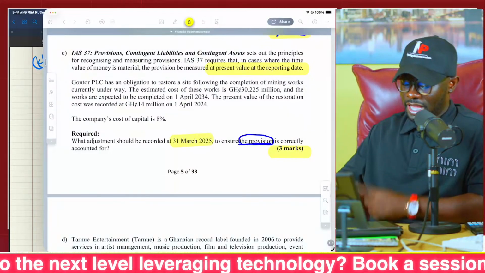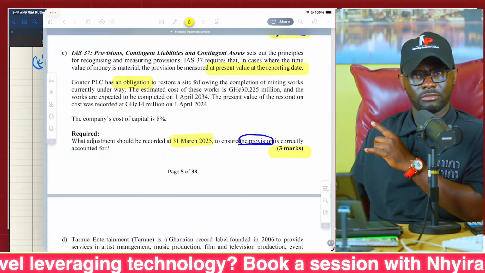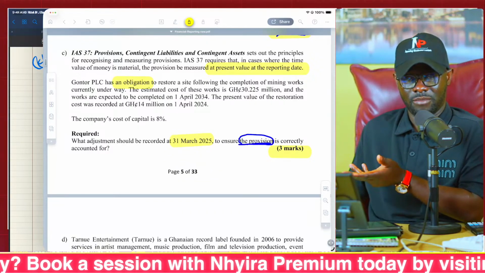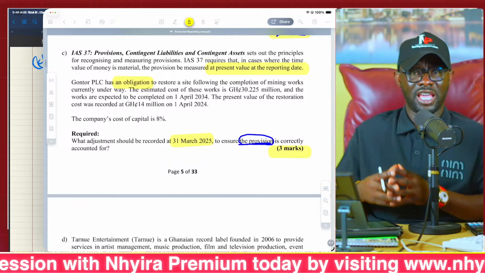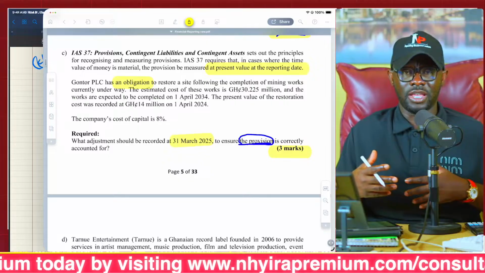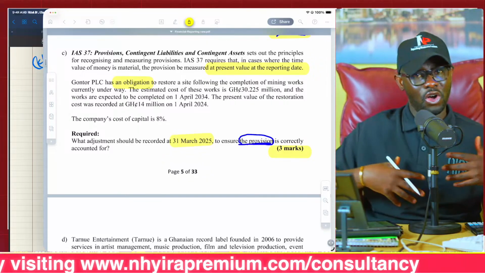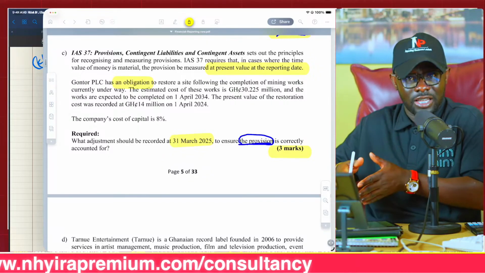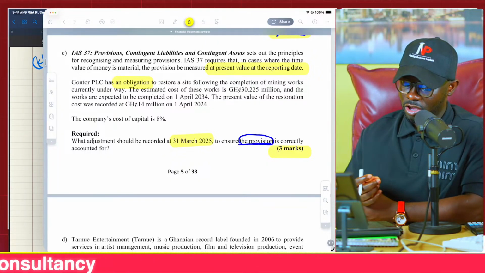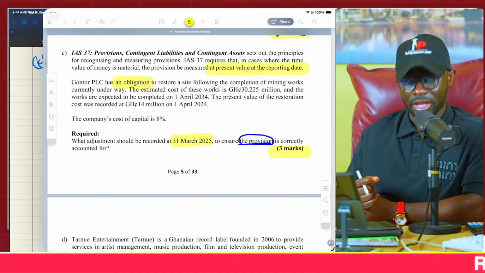Gontor PLC has an obligation, because remember, for us to make provision for a liability, there must be a present obligation. And that present obligation can be either constructive or legal. So it has an obligation to restore a site following the completion of mining works currently underway.